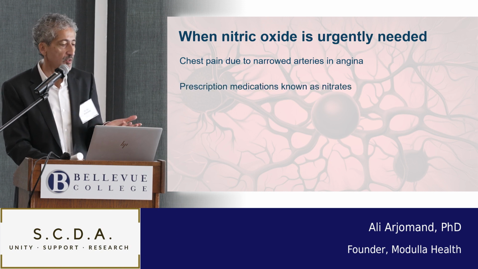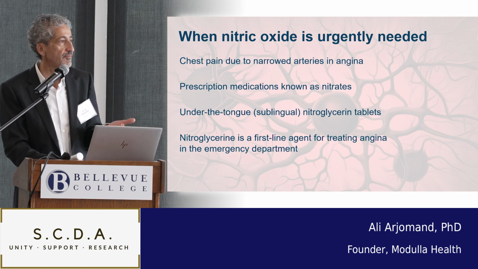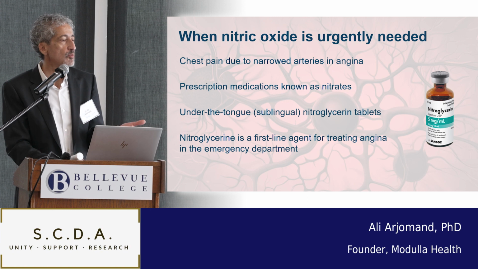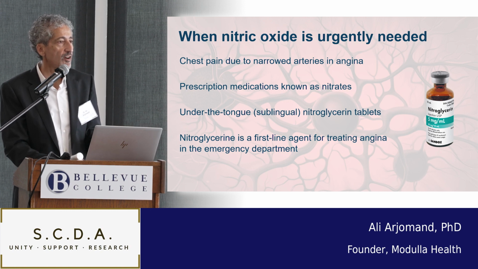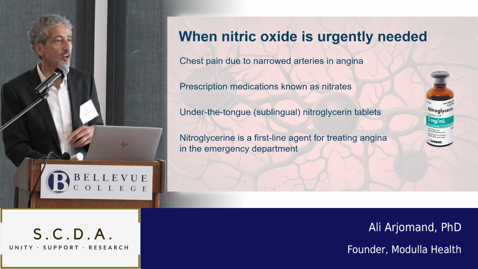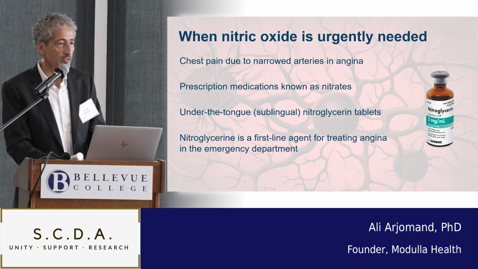And guess what? The prescription medication you give is under-the-tongue nitroglycerin. You've probably heard about this, right? This is an emergency room medication for people having a heart attack. You just give them a nitroglycerin. It's the same thing. It quickly gets under the tongue, produces nitric oxide, and basically rescues the person. All right, so you don't want to find yourself in this spot.